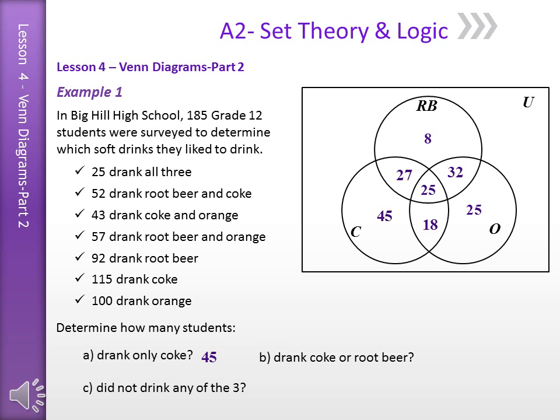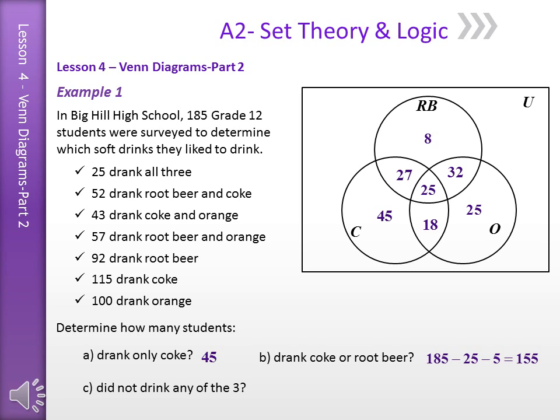That's the 8, the 27, the 25, the 32, the 45, and the 18, and get 155. Or we can take the 185 students that we have altogether, subtract the number that only drank orange, and the number that didn't drink any, which we actually haven't figured out yet, and we would also get 155.